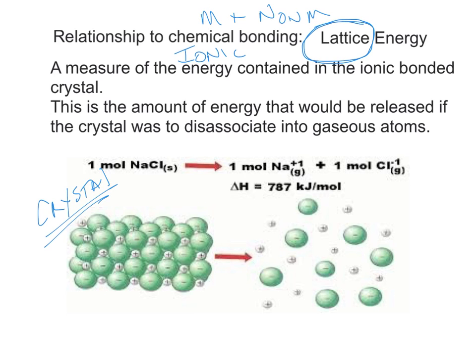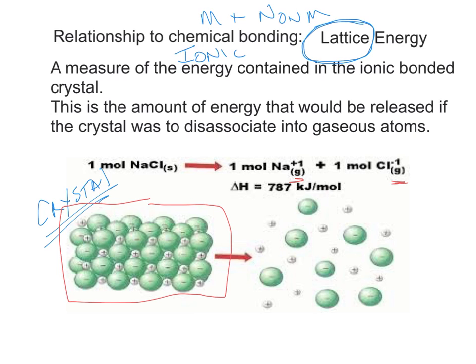And the energy that it takes to go from this crystal down here to totally fall apart into gaseous atoms, that's why it shows these gaseous atoms here, okay, is the amount of energy we're talking about. That energy holding it together is determined by Coulomb's law.